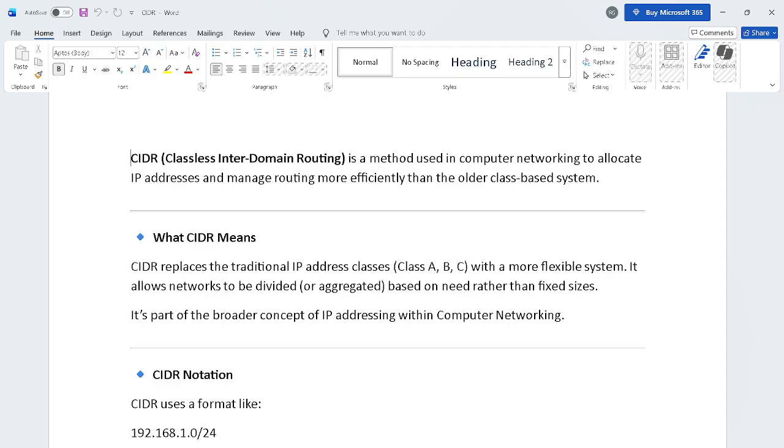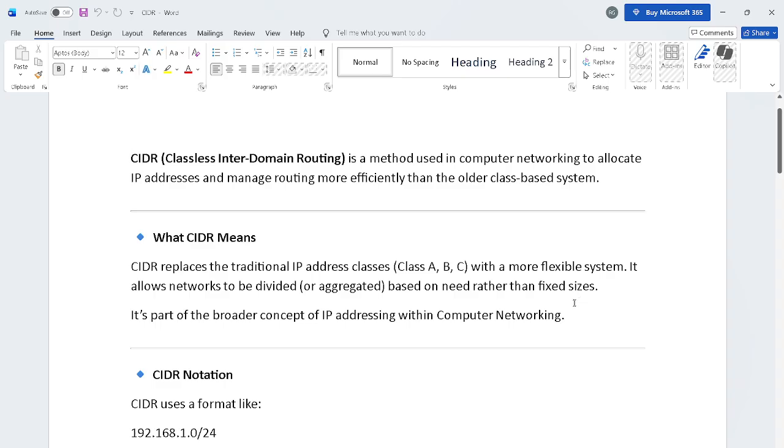CIDR replaces the traditional IP address classes with a more flexible system. When we use the traditional IP address classes, class A, class B, class C, we can only give a certain extent of IP addresses. When using CIDR, we can create subnets, and we can partition, so we can use many IPs like that.